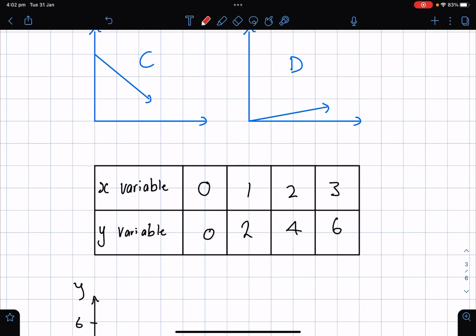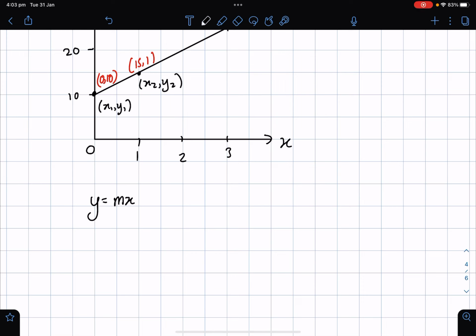Now to find the slope, let's rewrite our equation, y equals mx plus c. We will start by finding our slope. Now m is equal to y2 take y1, so the change in y divided by the change in x, so rise over run.